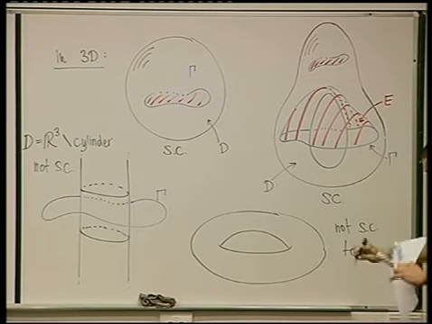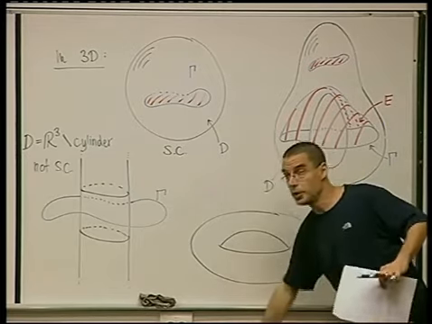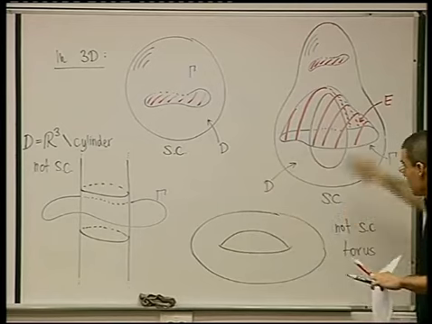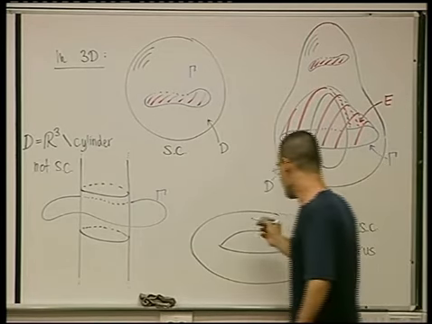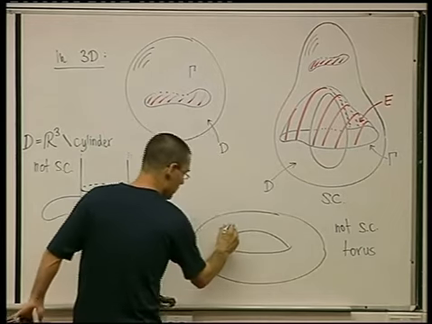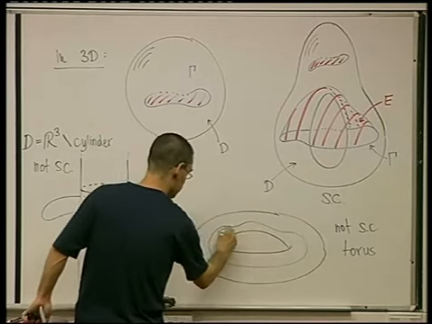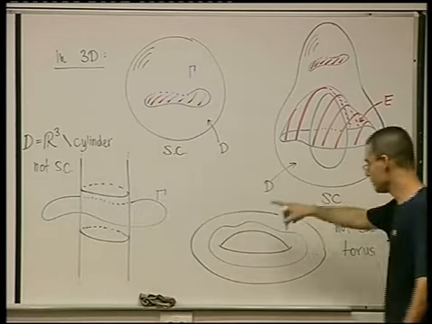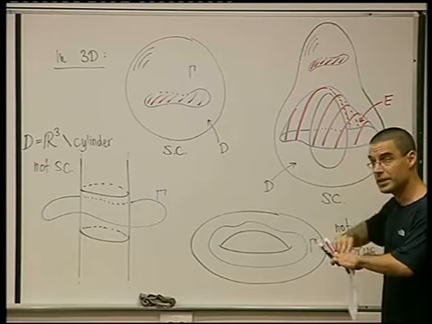Why is it not simply connected? First of all, there's a hole that goes all the way through. Now let's think about it in terms of these curves. If you take a curve that goes around the hole here, this is gamma, you're again in the same problem.